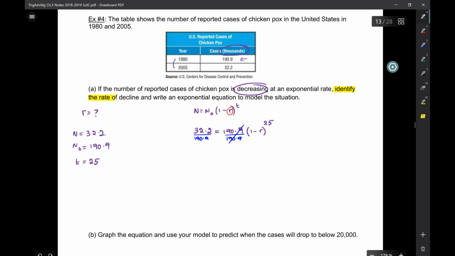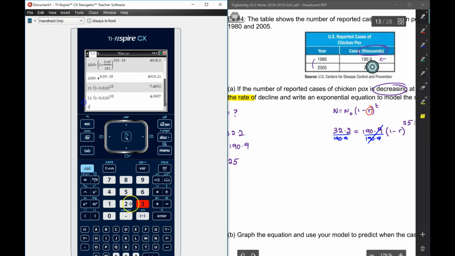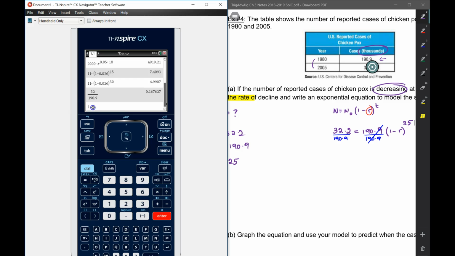Okay, so look. How much will that be? I got 0.1676. Put as many decimals as you can. Equals 1 minus r to the power of 25.